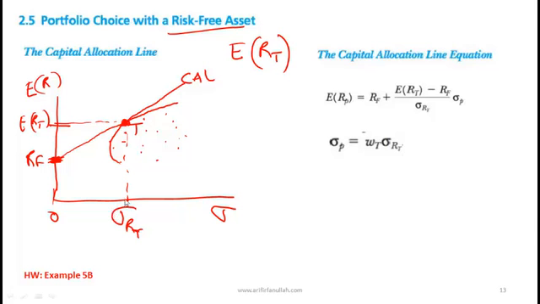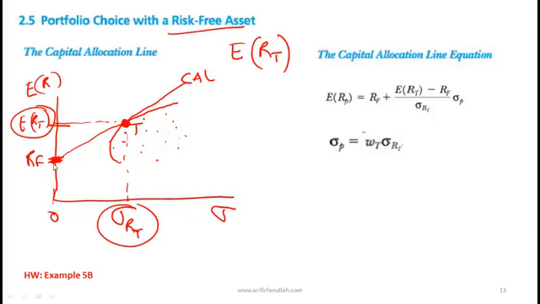What does this line mean? Now you think of two assets. One asset is the risk-free asset, and then you have this tangency asset RT, whose expected return is given by this and whose risk is given by this. You can combine the risk-free asset with asset T in different weightages.